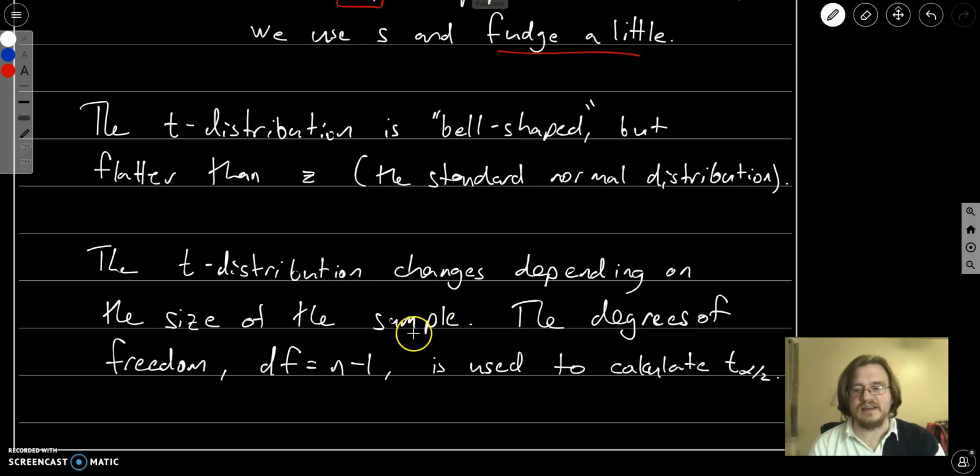And again, the bigger the sample that we have, the more normal t looks, because with a bigger sample, we will be closer and closer to a truly normal distribution. So we just have to take into account how big our sample is when we want to calculate our t values. And then the degrees of freedom is always going to be the size of the sample minus 1.